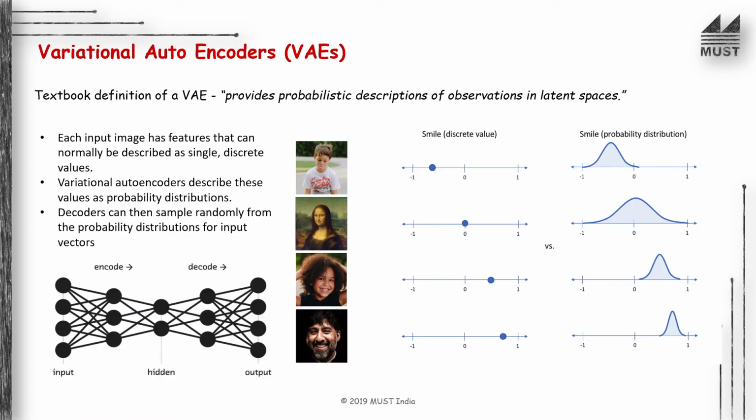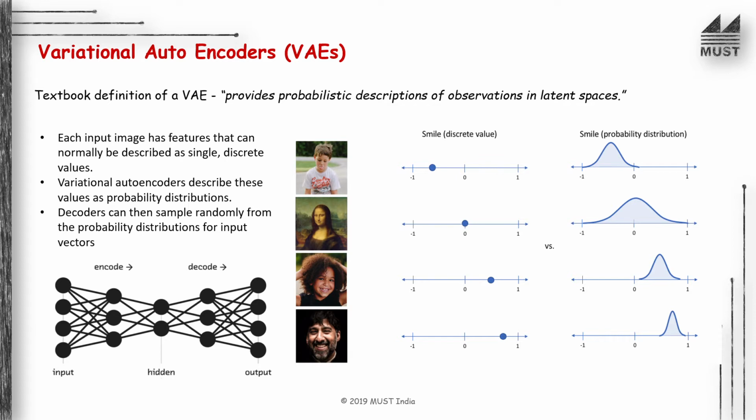Now coming to variational autoencoders, or VAE. In VAE, on a very high level, you typically try to find the probability that a particular feature or description of the observation exists in the latent space or not.